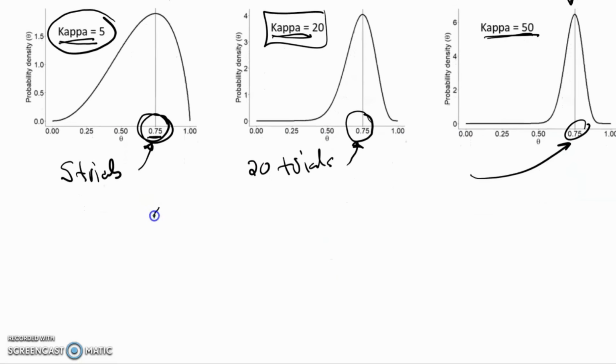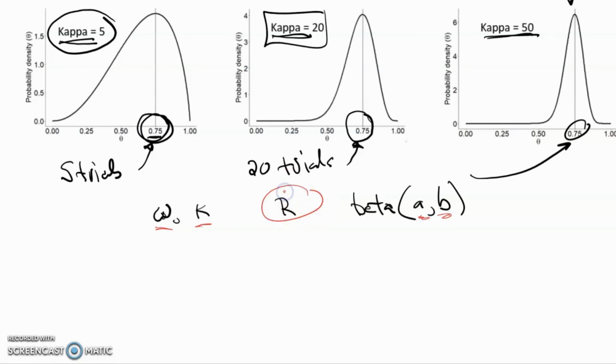But if we parameterize in our minds according to omega and kappa, to get R to work, we're still going to need to specify the beta in the form of A and B, which means that somehow we've got to figure out, okay, how do we get from omega and K to A and B, which is what R demands.